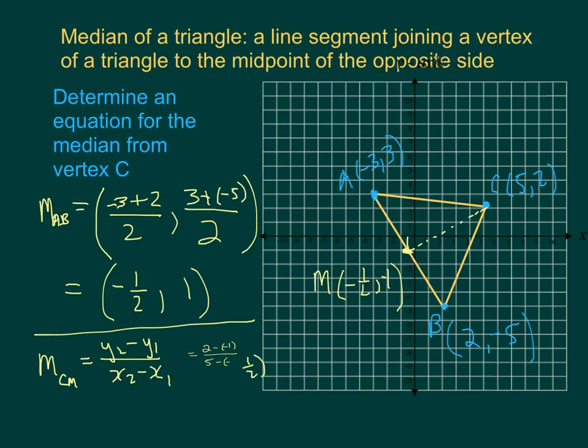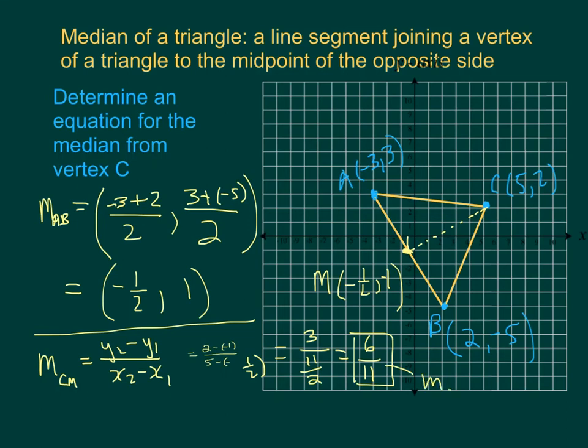All right, so now we just got to get some work done, and our slope is now 3 over, and we'll call that 11 over 2, which gives us 6 over 11. And this is our slope.